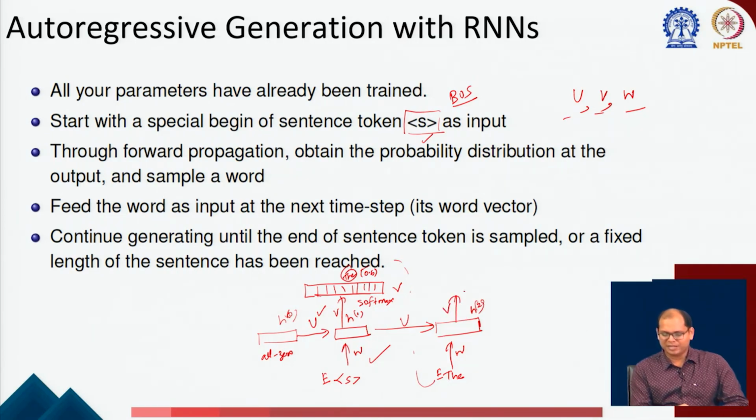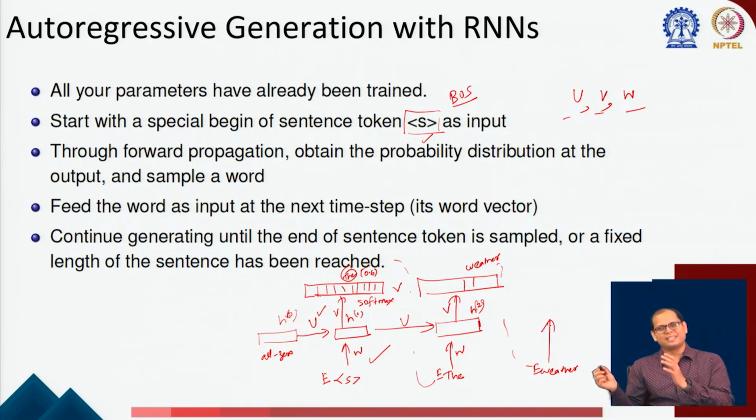And this will get multiplied with the V matrix. Again, I'll get another probability distribution after softmax. And take, say, the word is weather. So I'll generate the word weather and use its embedding as the next input.